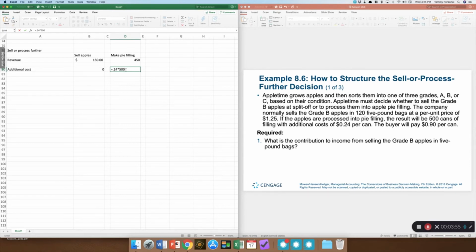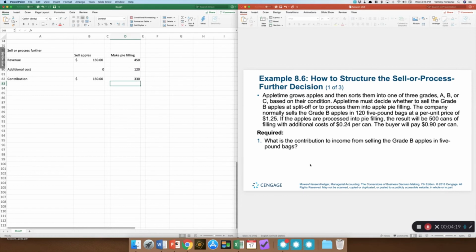So their cost is going to be 120. So that means that the contribution from each: selling the apples is going to be 150 minus nothing, and for making the filling, the contribution is going to be 450 minus 120.